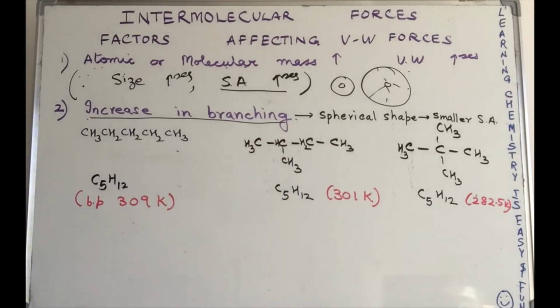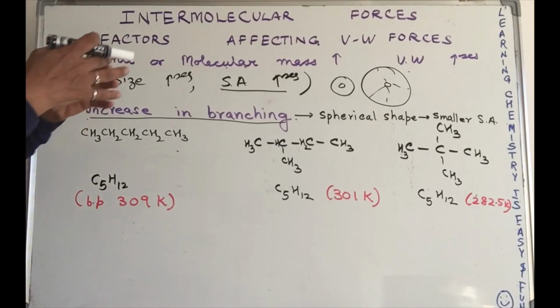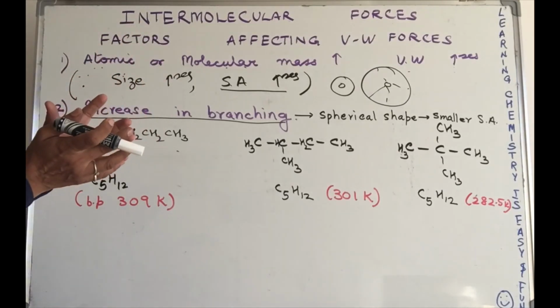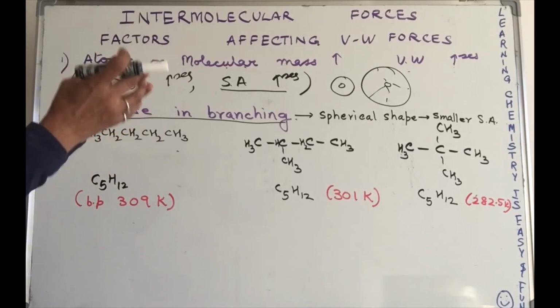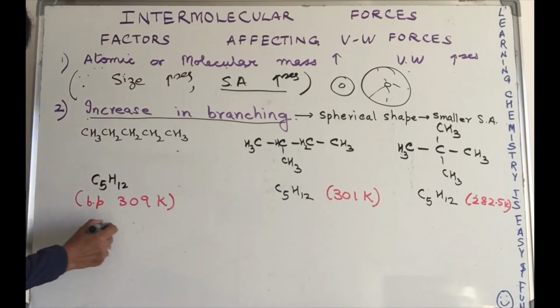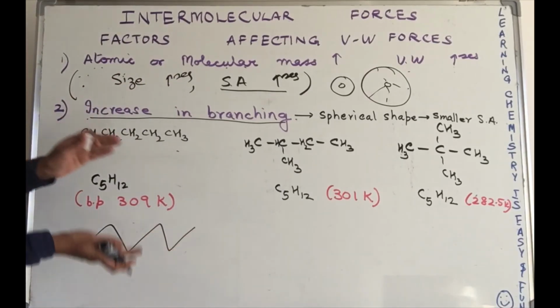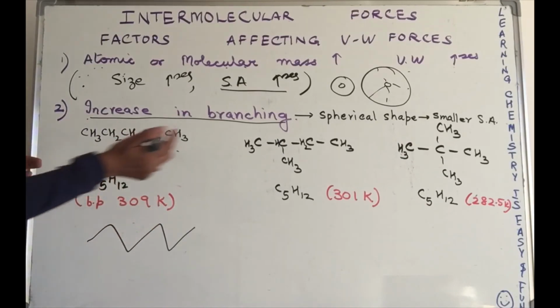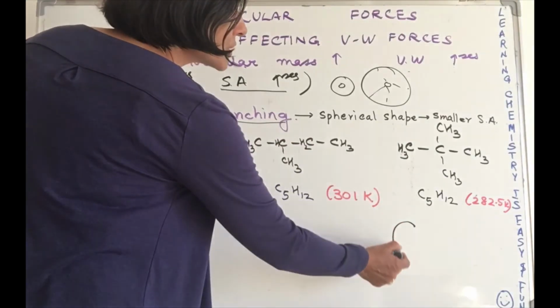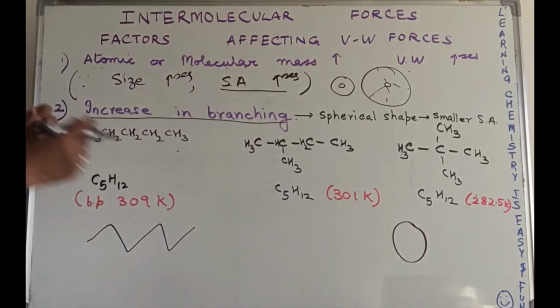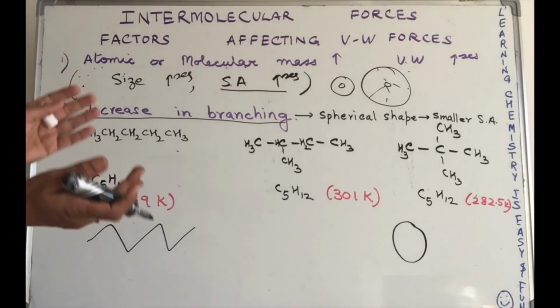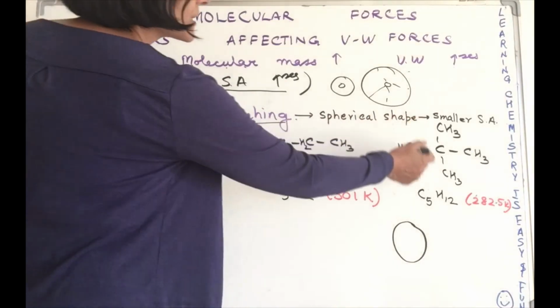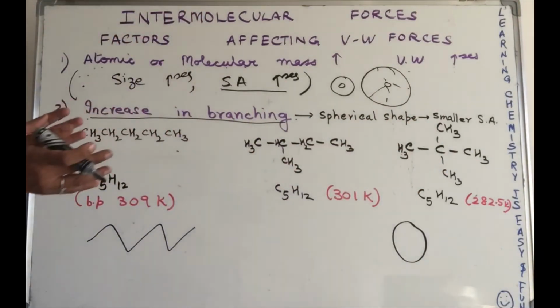Why is it so? When you are increasing the number of branches, the shape which was otherwise linear, and the chains could fit into each other easily, turns more spherical. Because of this spherical shape, the surface area becomes smaller.